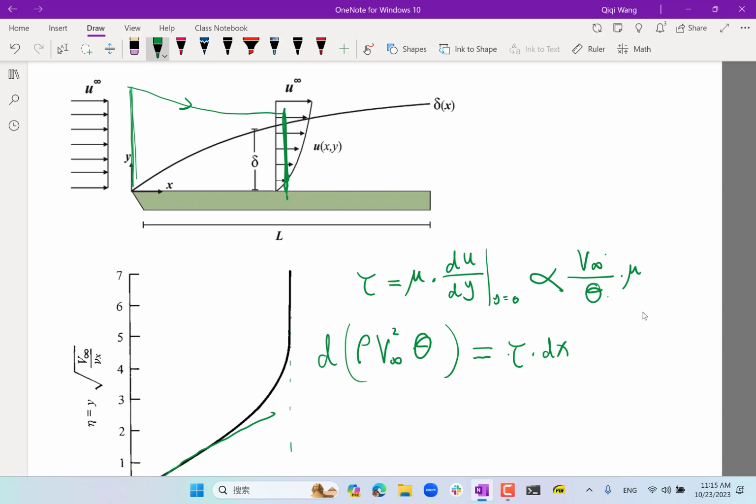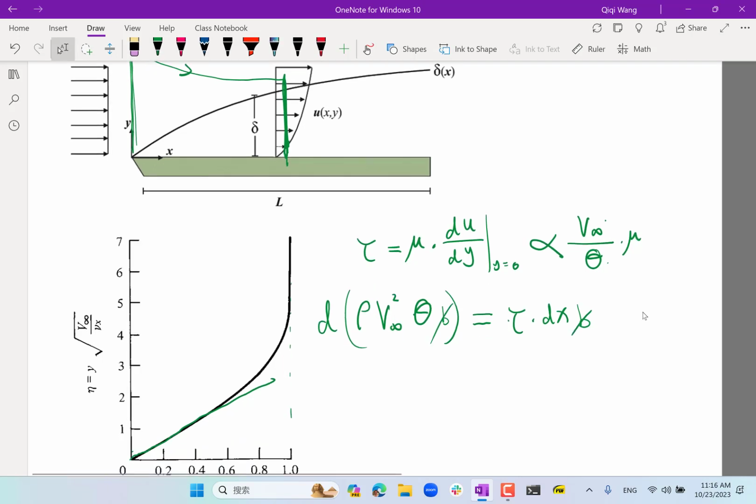Both left hand side and right hand side should be multiplied by the span if we want a unit of force on both sides. But of course the span cancels out. So what we end up having is, let me write this out, rho u infinity squared d theta/dx is equal to tau, which is proportional to v infinity over theta times mu, right?